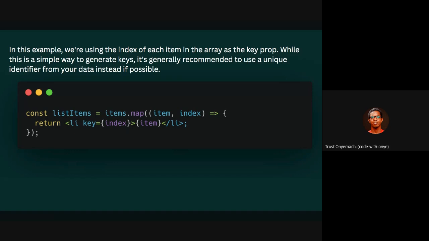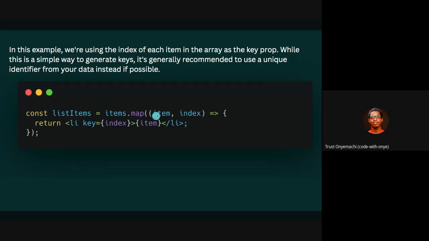It's going to show an error on the console and tell you that you forgot to pass in your key value to your element, because it's not able to understand which element is the first element and which is the second. So it's very important to pass in the key to your element when you map through it.